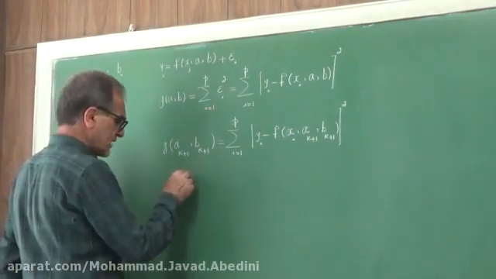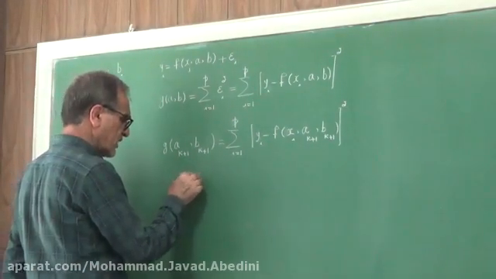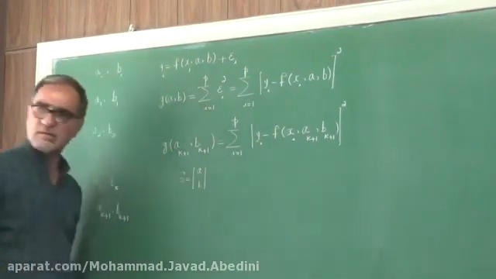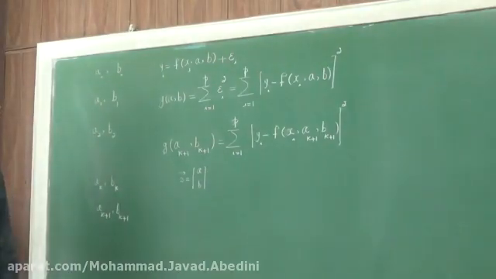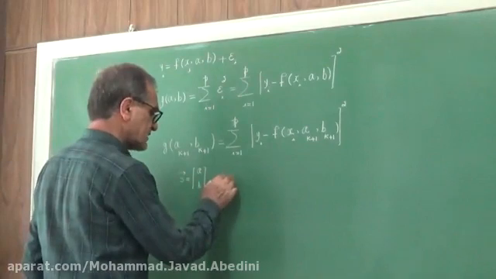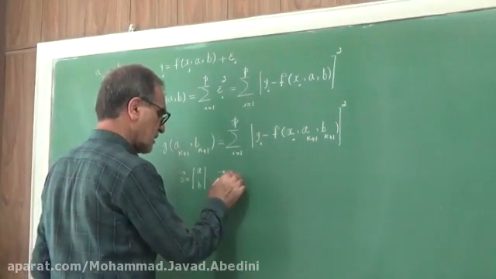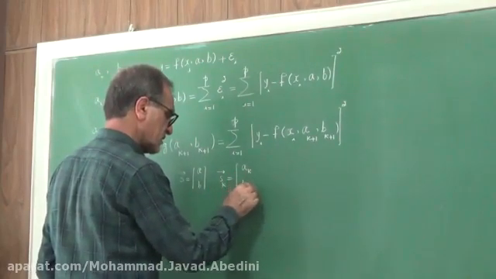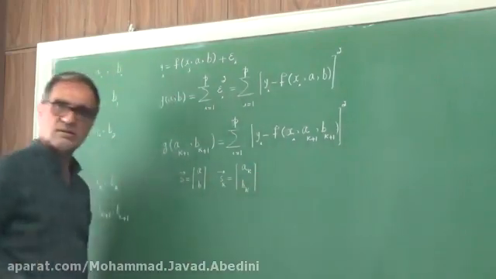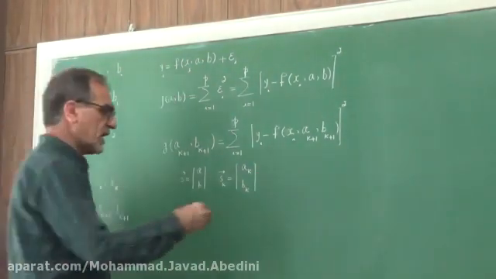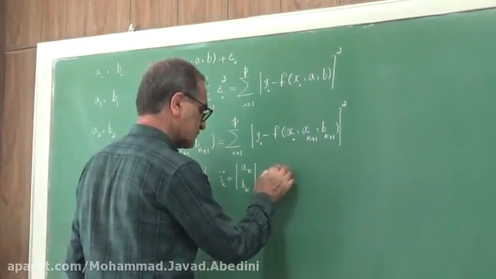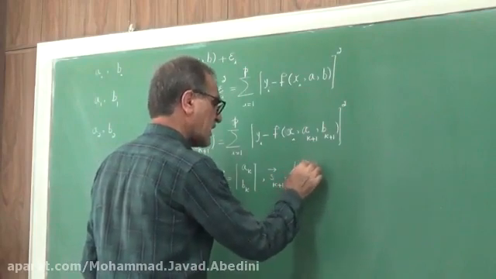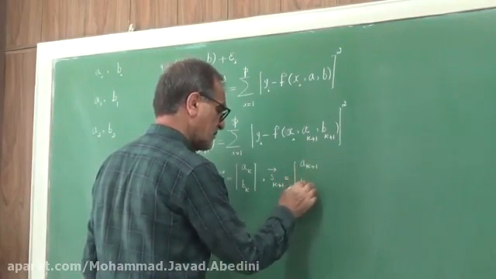If you call S to be a vector of A and B, then by S_k I mean A_k, B_k, and by S_{k+1} I mean A_{k+1}, B_{k+1}.